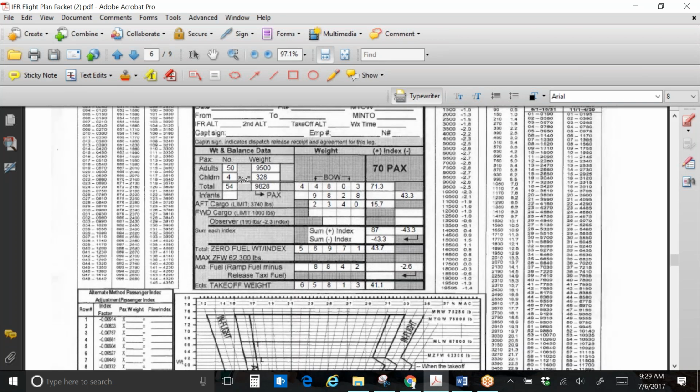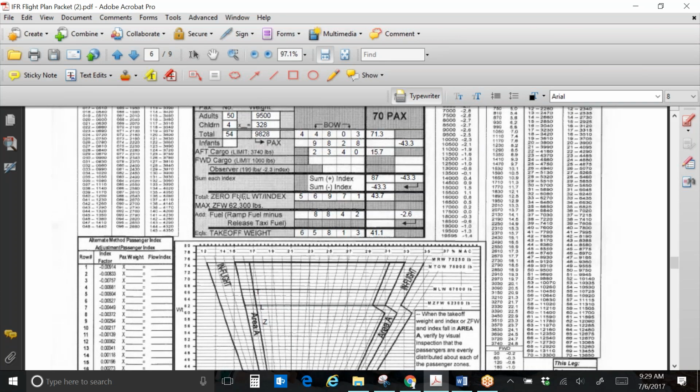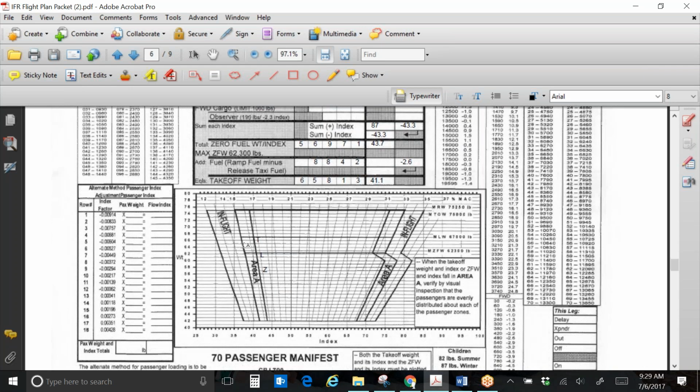For my initial fuel, I have 8,842 pounds. I believe I had like 5,400 for the burn to Denver, 800 for the burn to the alternate. Takeoff weight 65,813 for me. I put everybody at the front.